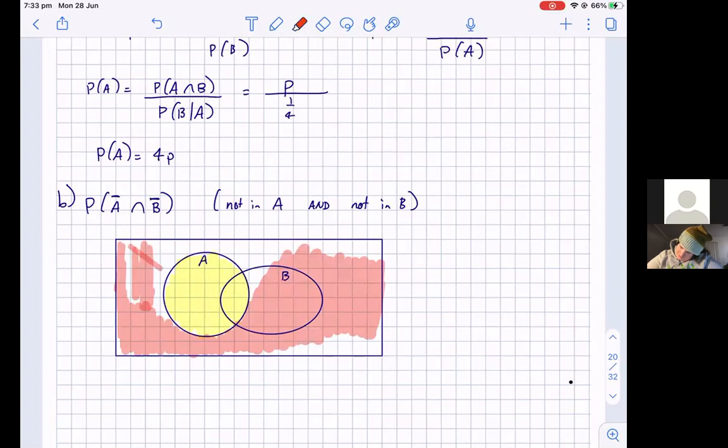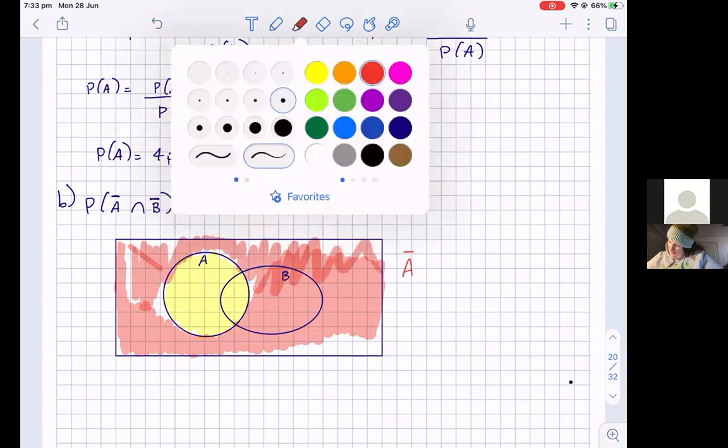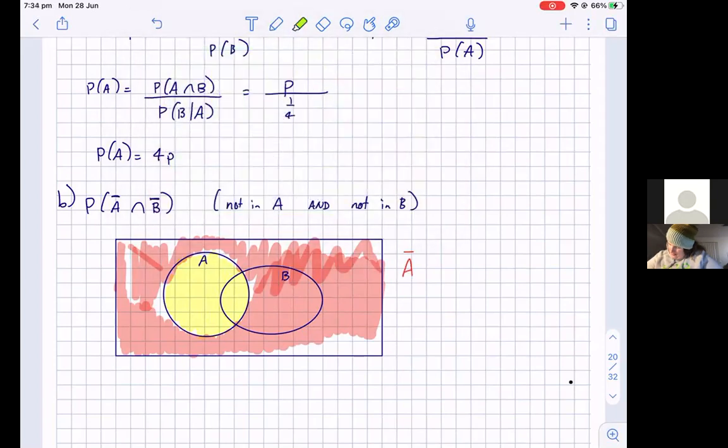Yeah, I'm trying to color this in and it's really laggy. Okay. So the red is everything not in A. If I color in B as light green, let me make that blue.